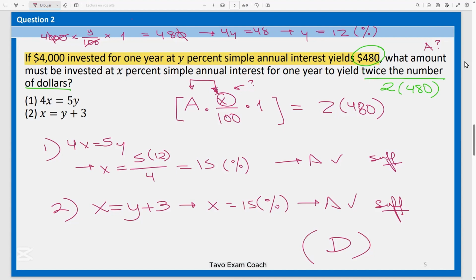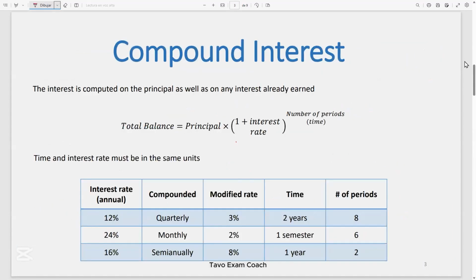Well, we've seen some examples of simple interest. Let's now consider the formula for the calculation of compound interest. Compound interest is computed on the principal amount as well as on any interest already earned. So it's an accumulative interest calculation.